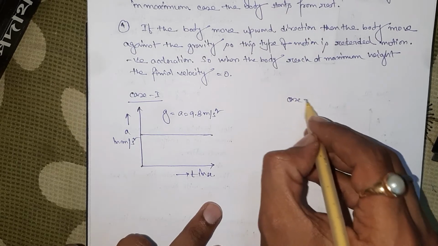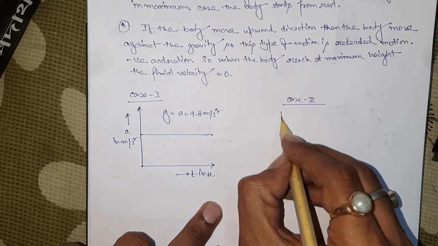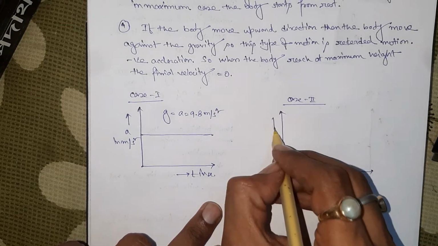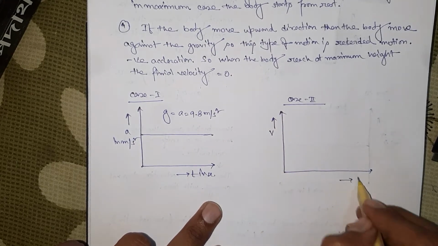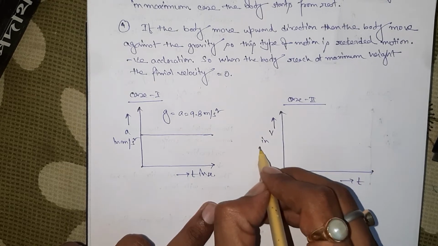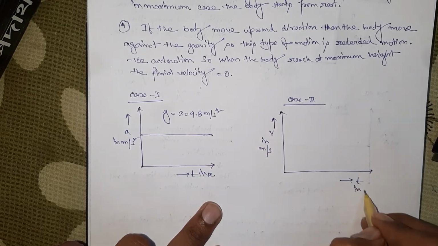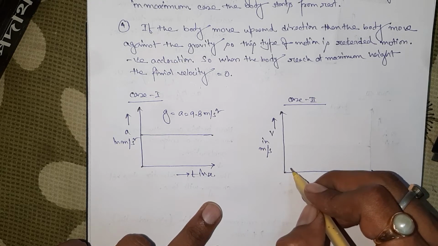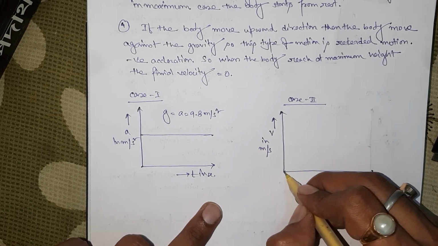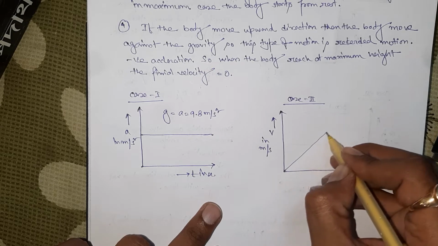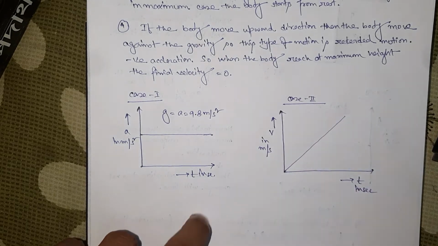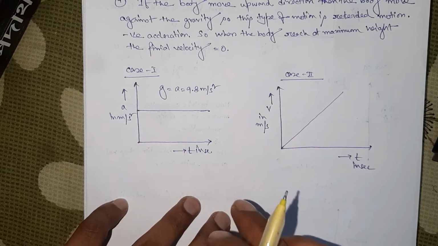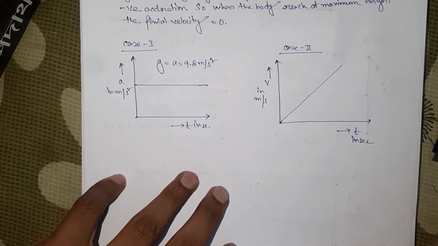Case 2, velocity time graph. Velocity in meter per second, time in second. Uniform acceleration motion means constant acceleration motions means uniform velocity motion. So velocity time graph like that, that means uniform velocity. All those graphs are under the freely falling body case.